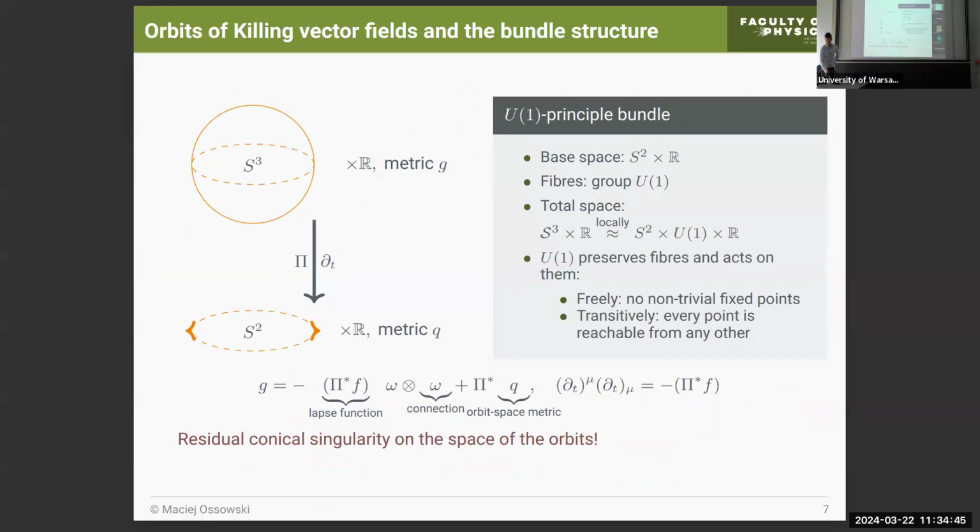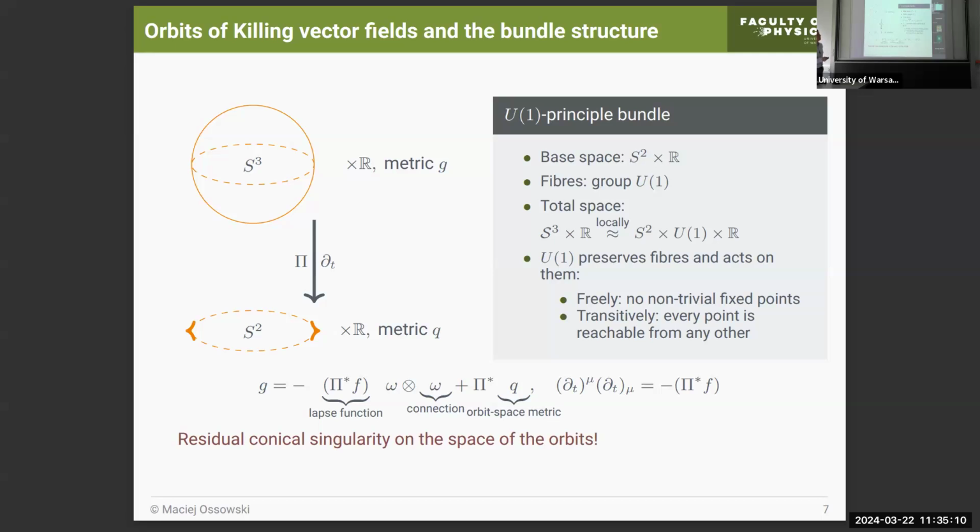Okay, so how the construction works is that you could actually impose a U1 principal bundle structure in the entire spacetime. So the topology of the spacetime becomes S3 times R. The group action is generated by d over dt.